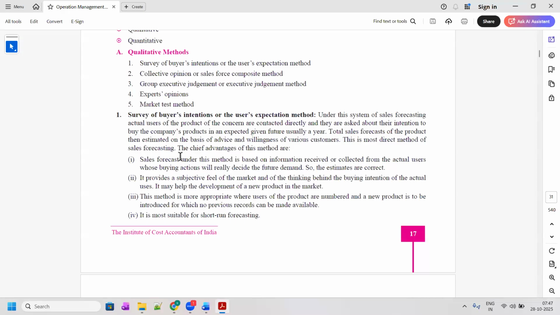Did you understand this? Survey of buyer intention, or user expectation method, I understood, but actually we don't have this kind of explanation in our book. The same thing is given, like you are trying to interact with the end consumer.